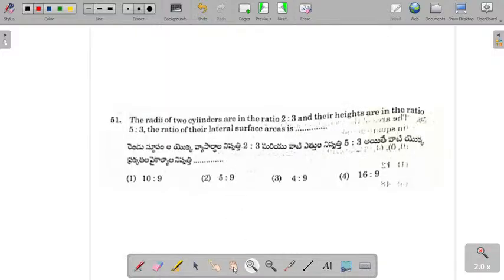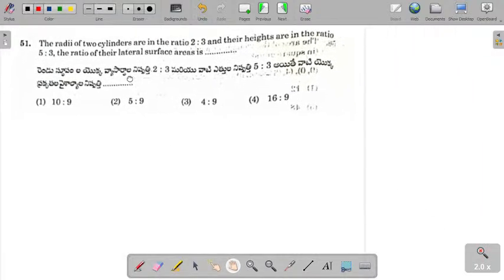My dear students, first of all read the question carefully, then try to solve it. The radii of two cylinders are in the ratio 2:3. Their heights are in the ratio 5:3. The ratio of their lateral surface areas is asked. So the ratio between the radii is given: R1 is to R2 is equal to 2:3.